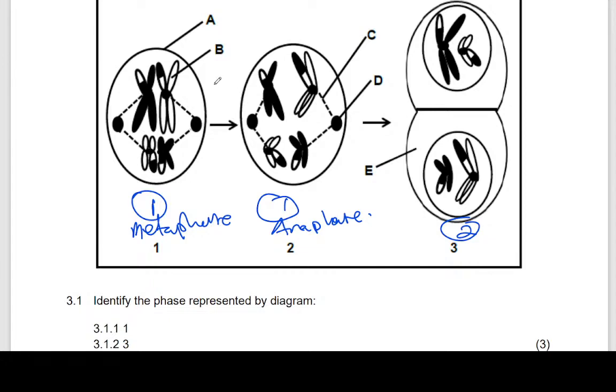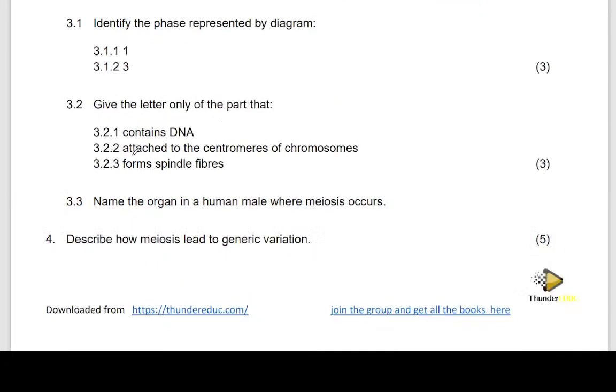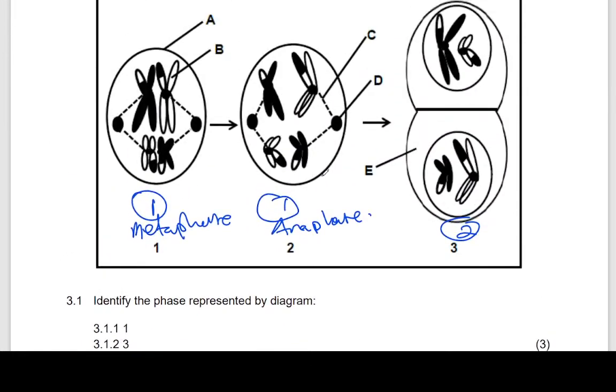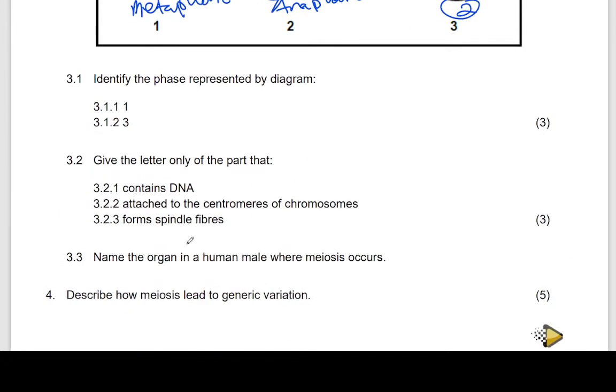You understand? Attached to the centromere of the chromosome, what is attached? It is the spindle fibers or spindle threads. So the answer is C. Don't forget that they are not looking for the name.